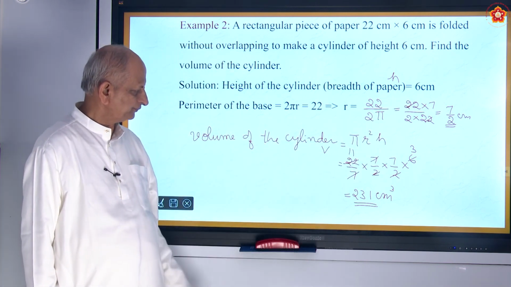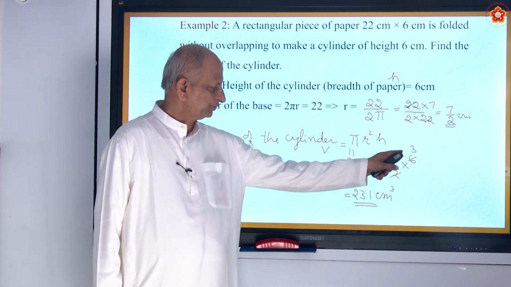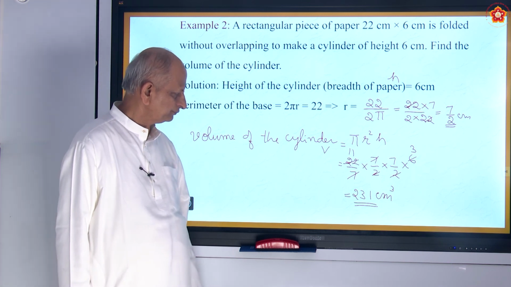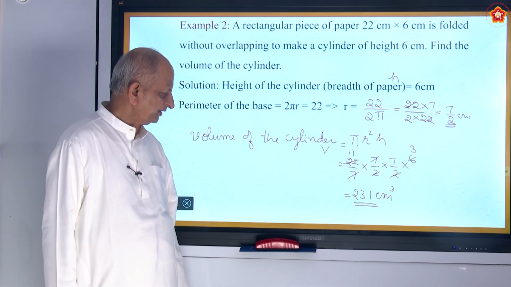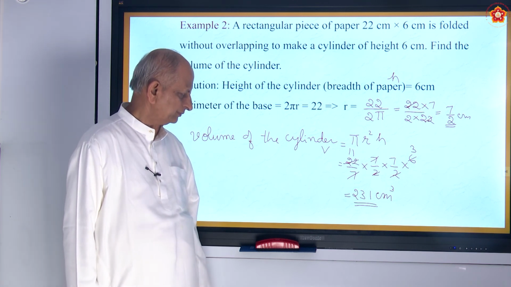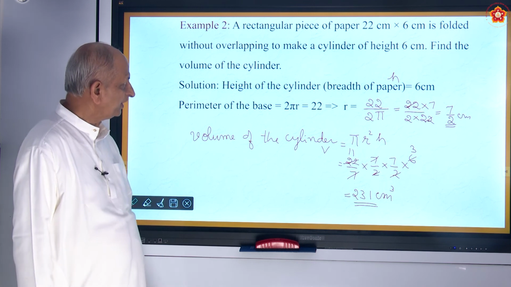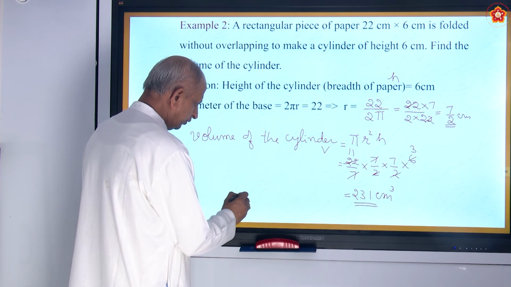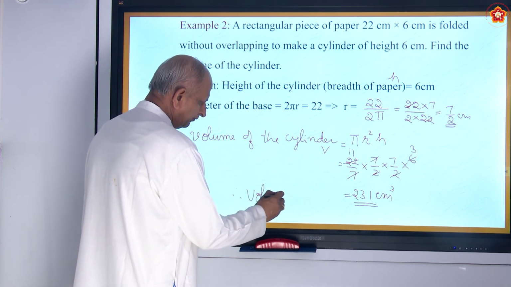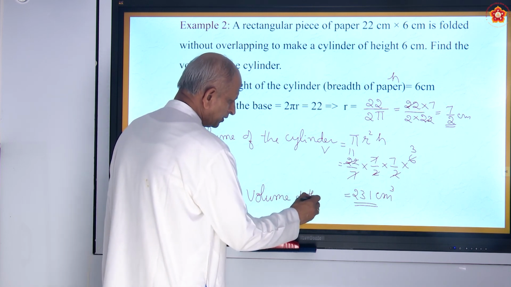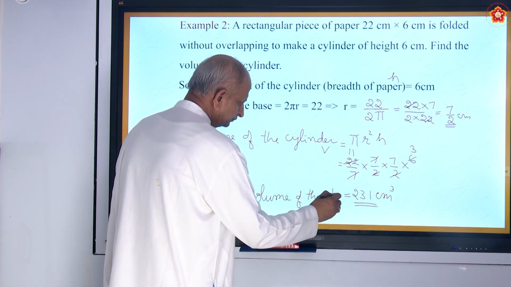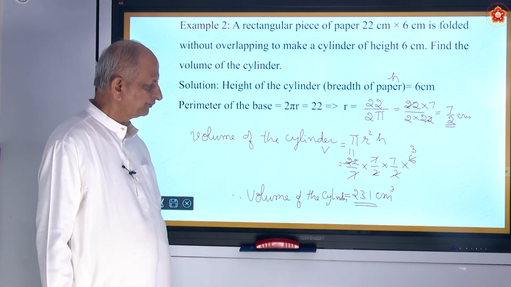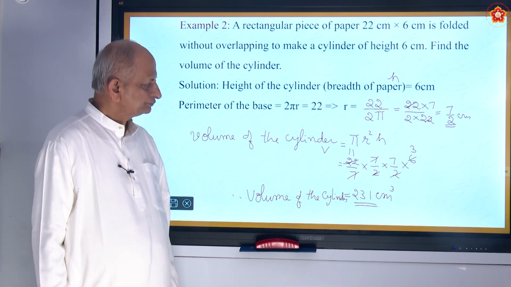So multiply 11 sevens into 3s, 21 into 11, which is 231. That is the question asked. So you can write once again, therefore the volume of the cylinder is equal to 231 centimeter cube. Okay. Noted down?